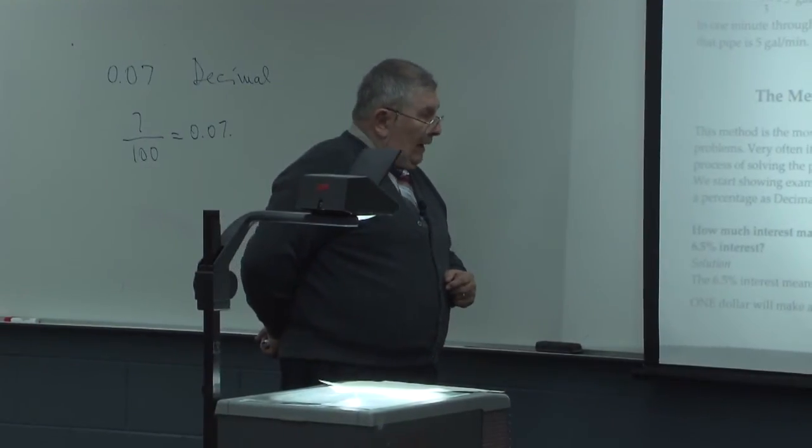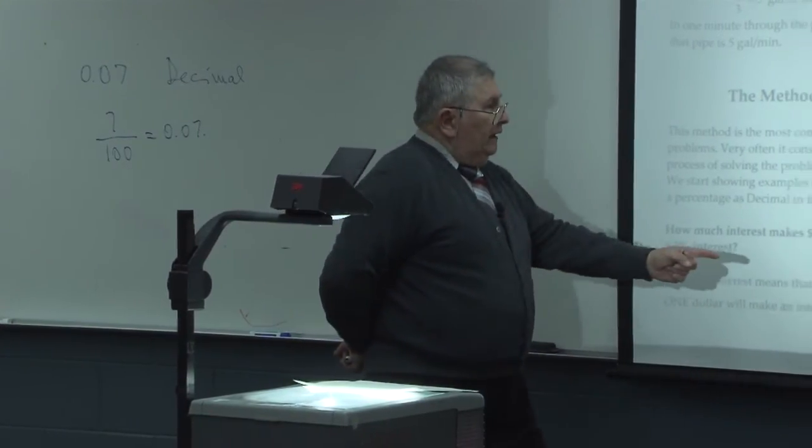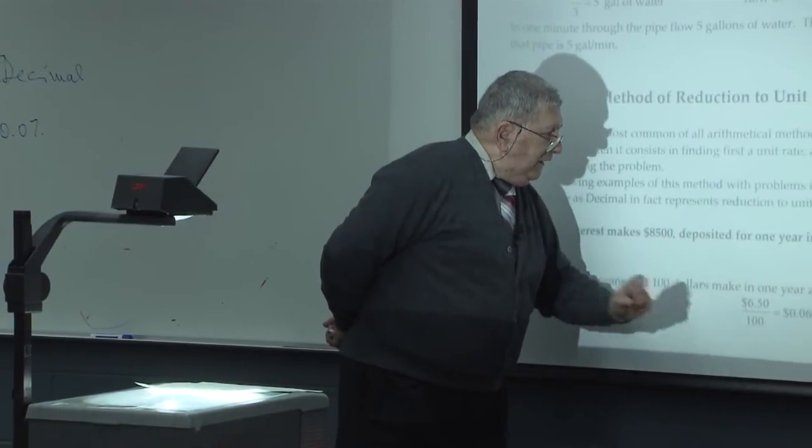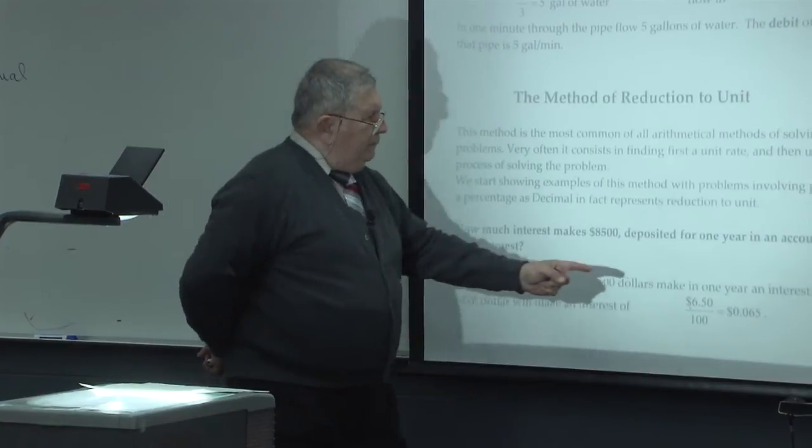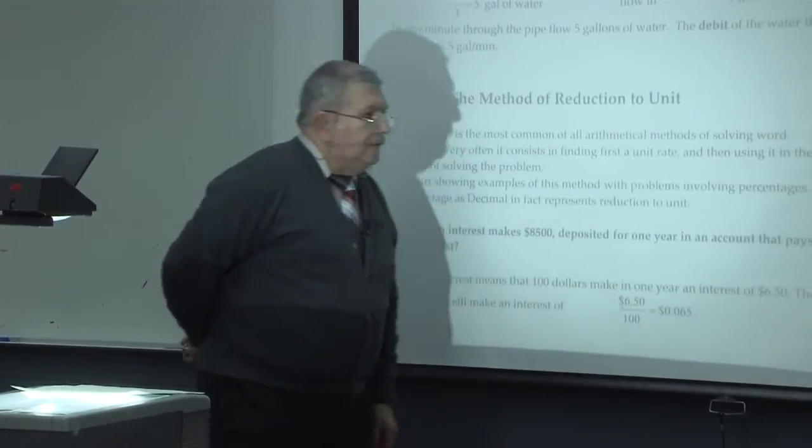So therefore, $1 will make 6.50 divided by 100, which is 0.065.